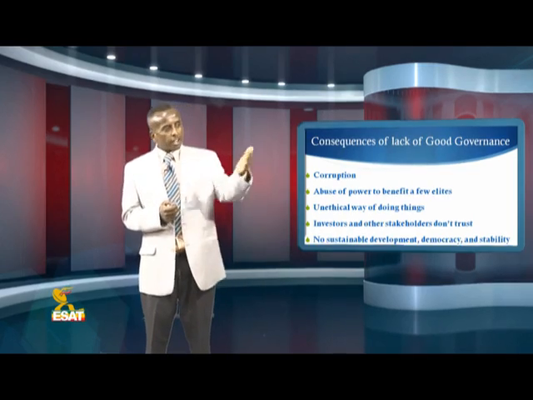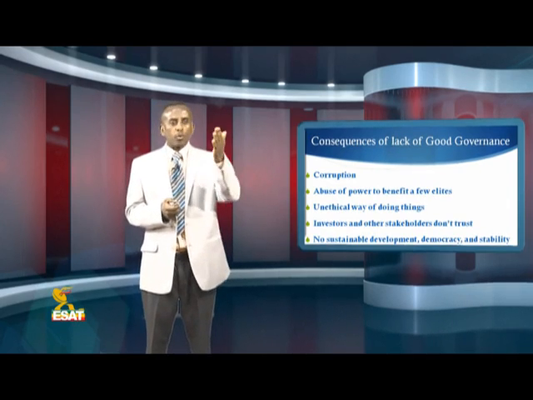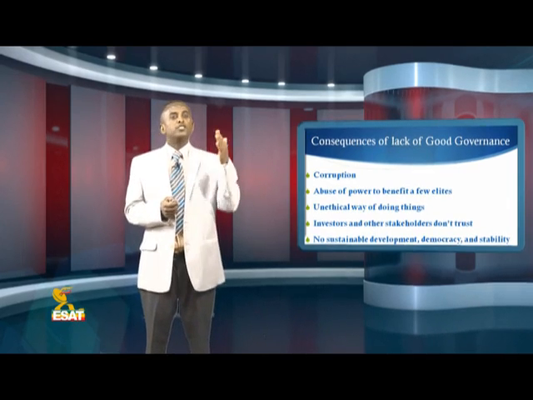For example, in my case, I'm an Ethiopian. So, does the Ethiopian government practice good governance? No. As we discussed in our episode today, there are consequences of lack of good governance. Here are the things we are experiencing as Ethiopians. There is great corruption in Ethiopia right now. It used to be very evil to think of being corrupt in Ethiopia.